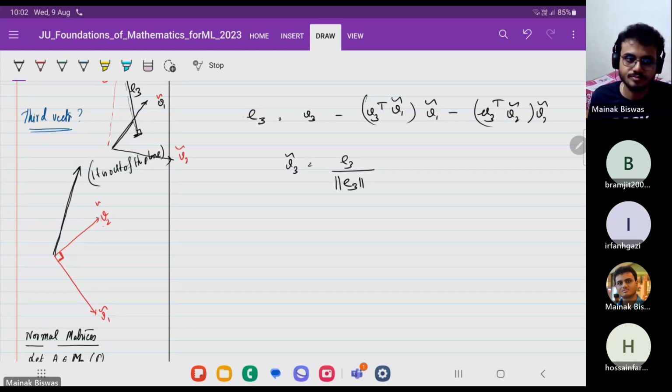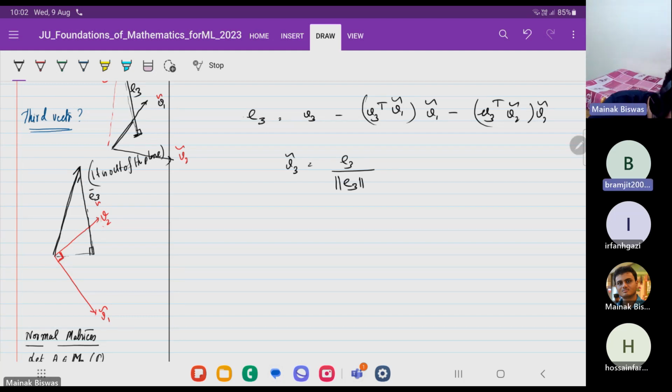Correct? Yes. So what is the goal? Our goal is to find this E3, right? Yes or no? Yes. We want to find the perpendicular vector. Do you agree?